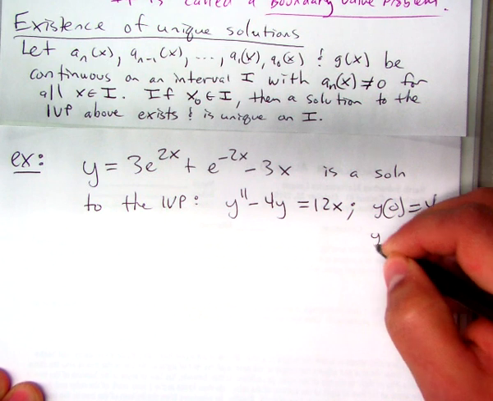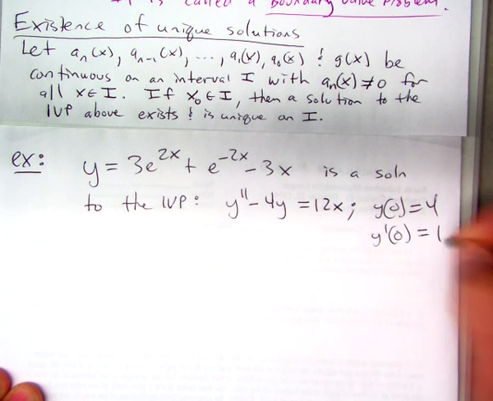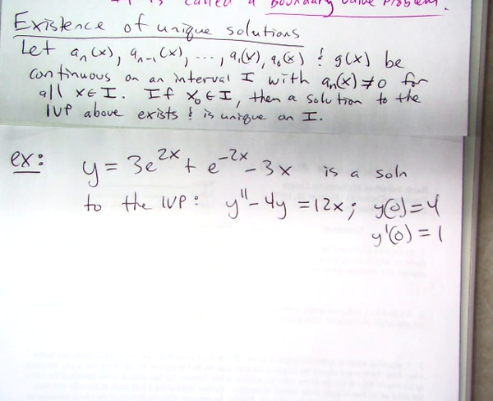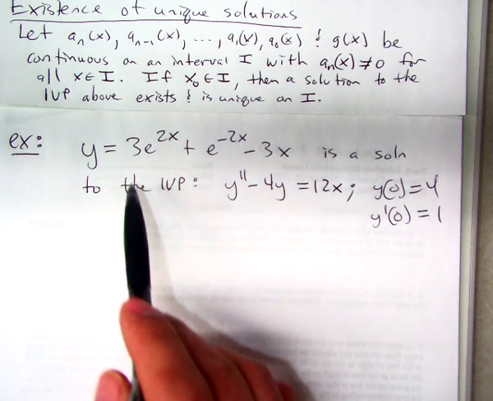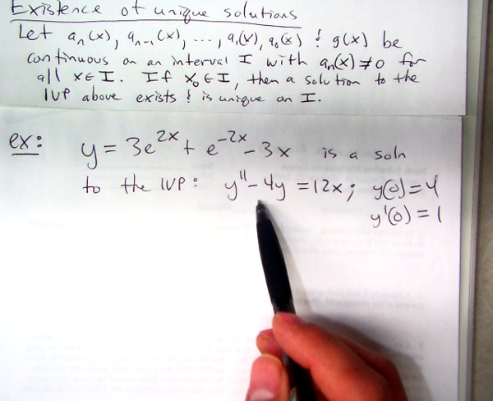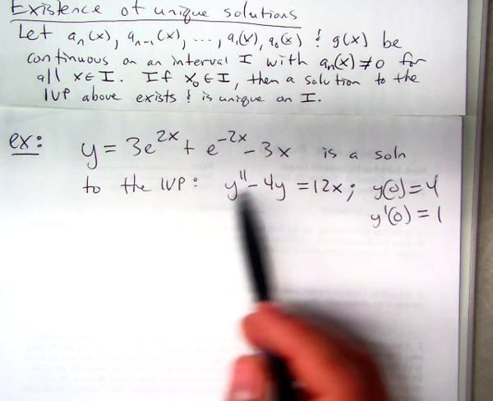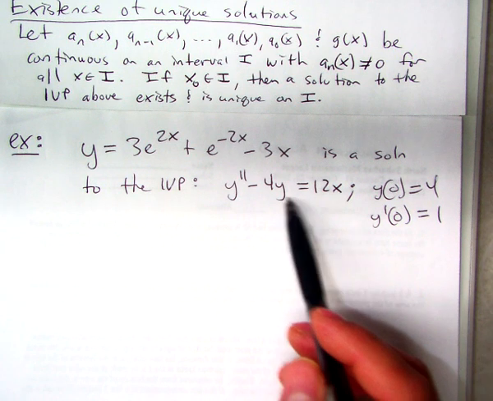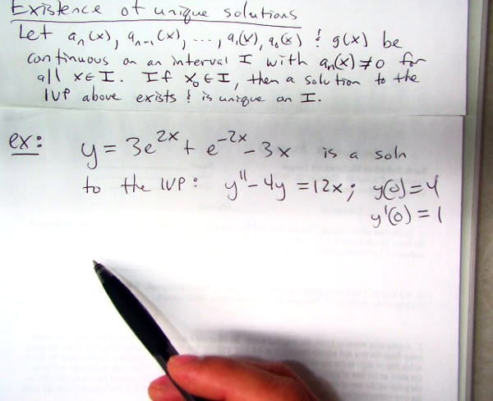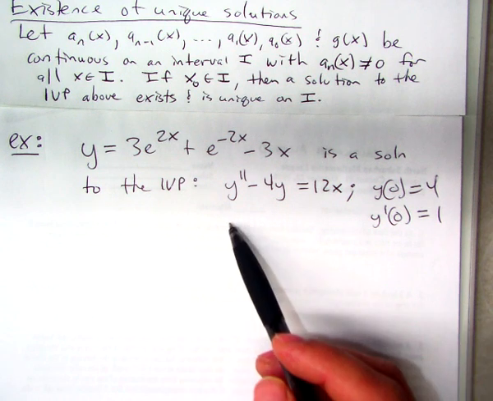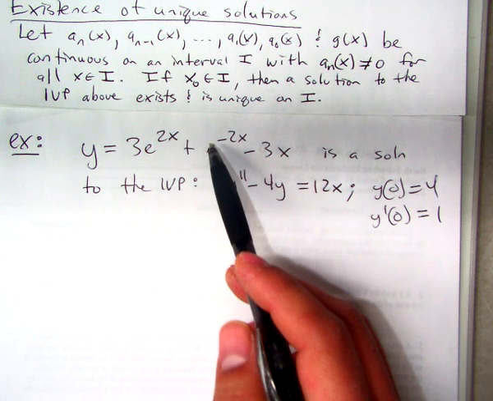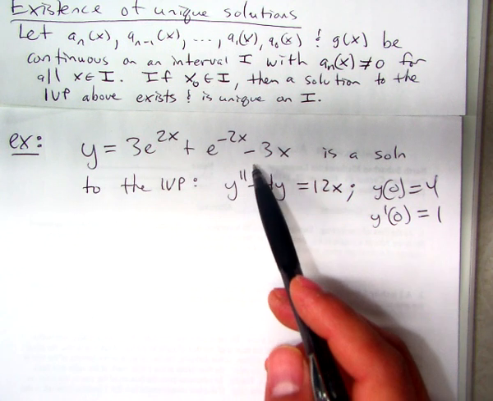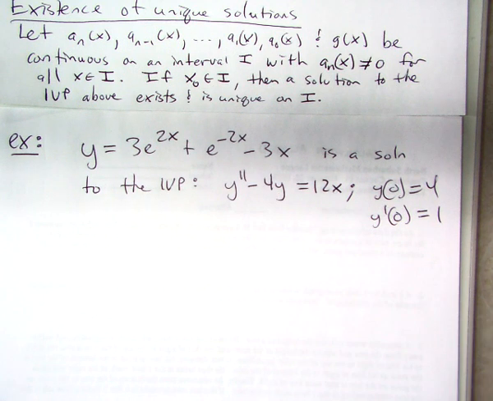And the conditions were y of 0 equals 4 and y prime of 0 equals 1. Okay, in about a week or so, we'll actually be able to solve this differential equation and say, here's a solution, without too much hesitation. But for now, you're just going to have to trust that this is a solution, and now the question is whether or not this is unique.